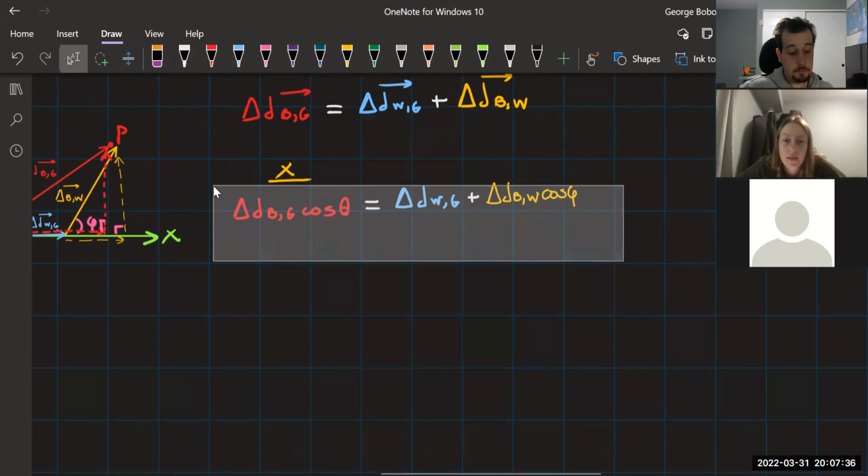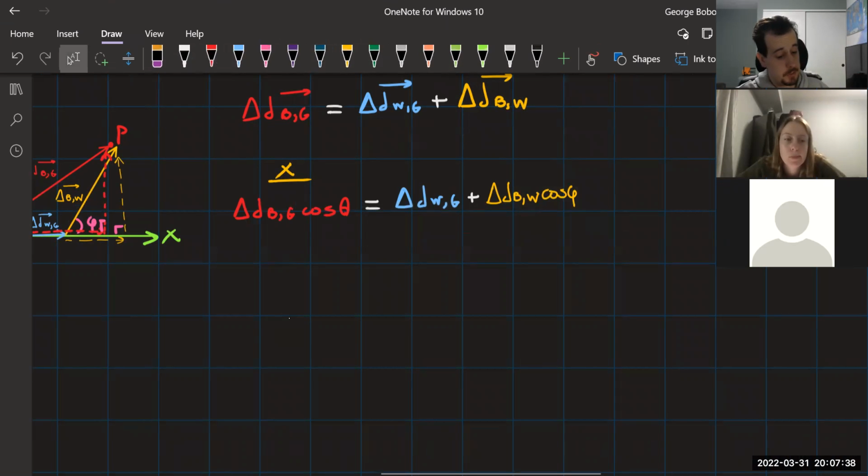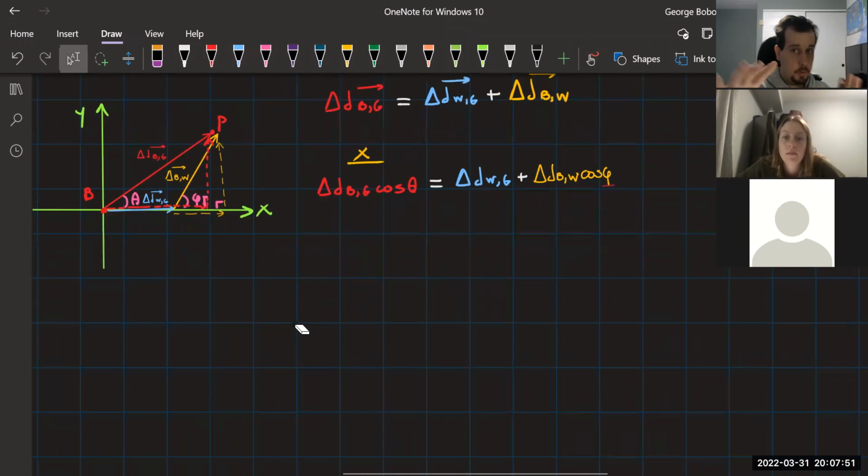That's what you have. This is your first equation. Where are the unknowns? Let me point there. And right now, let me think again. Your other unknown is here. Now, again, without confusing you, all these delta d's are related to time, and we can express them in terms of velocity.